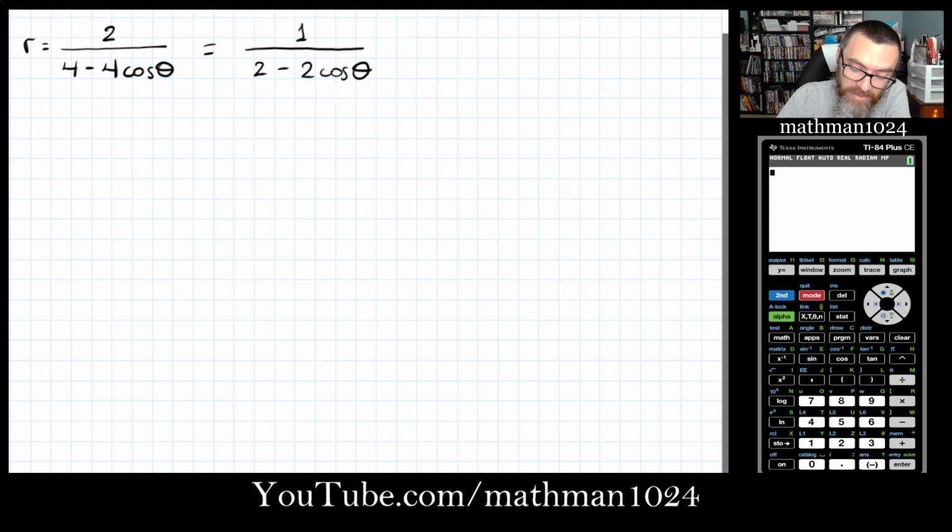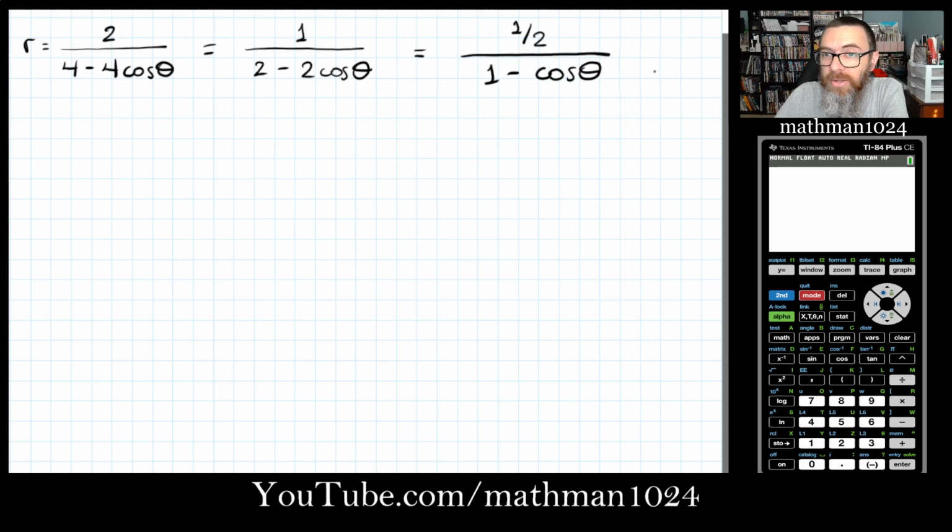So let's divide everything by 2 again, which makes this 1/2 in the numerator over 1 minus cosine theta. Now, in this form, we can see that e is equal to 1, because that's the coefficient that we have right there, as long as you've got a 1 in that spot at the beginning. So if e is equal to 1, that means that we are dealing with a parabola.